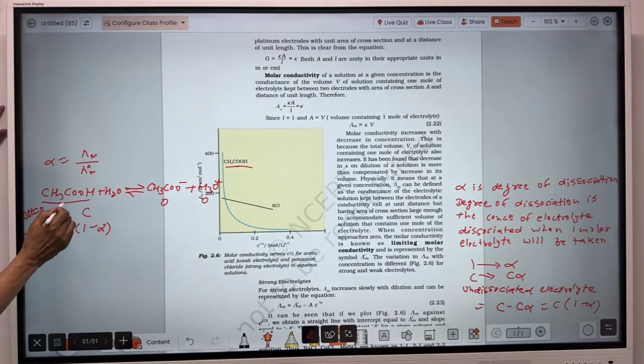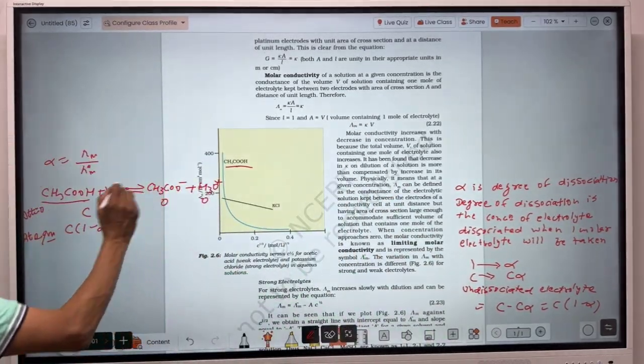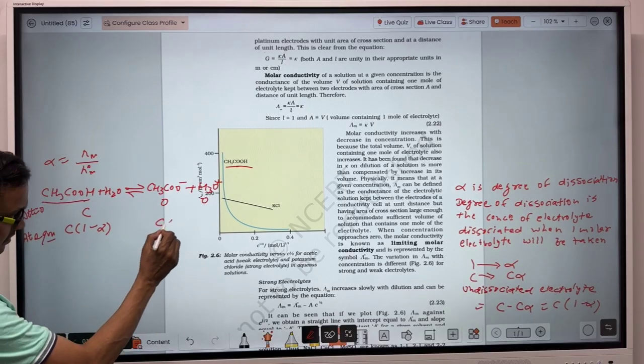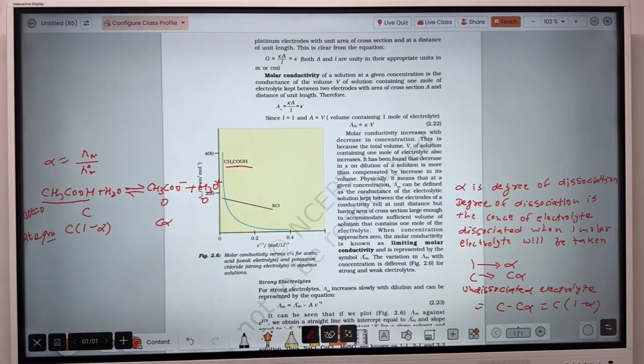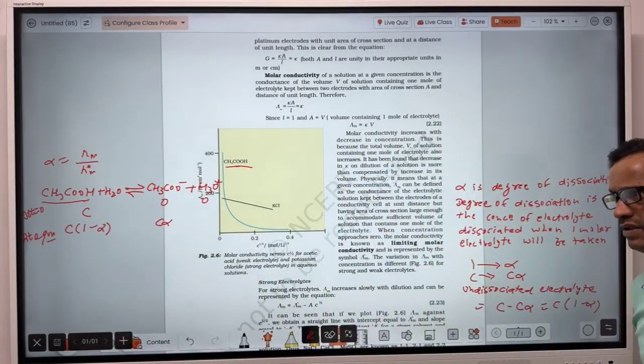So 1 mole of acetic acid gives 1 mole of acetate ion. When C alpha of acetic acid dissociates, the acetate ion formed will be C alpha. When 1 mole of acetic acid is taken, alpha mole of acetate ion and alpha mole of hydronium ion will form.